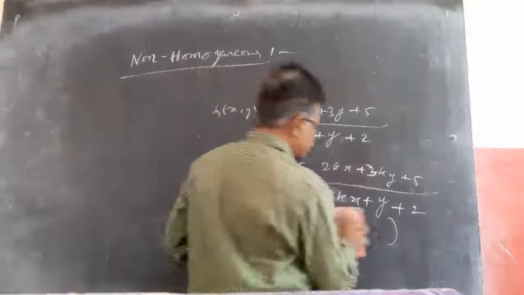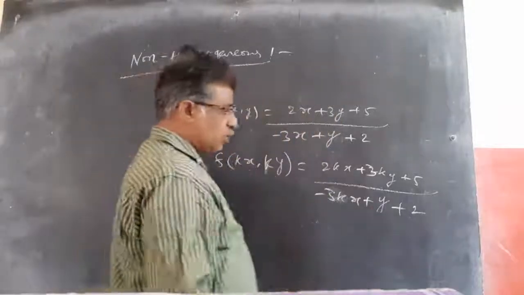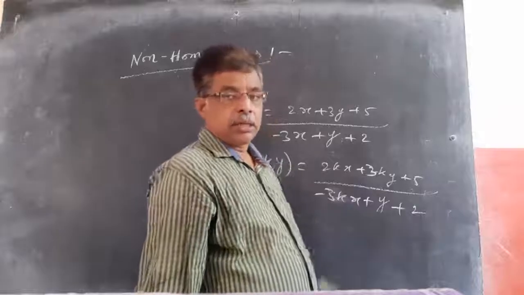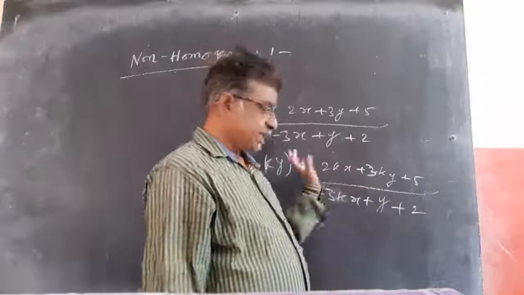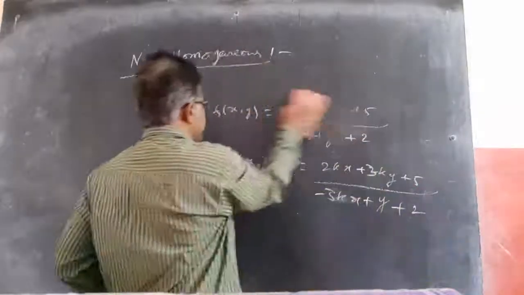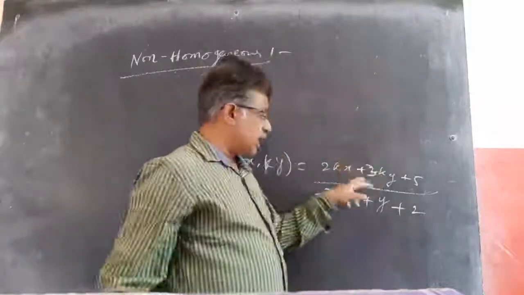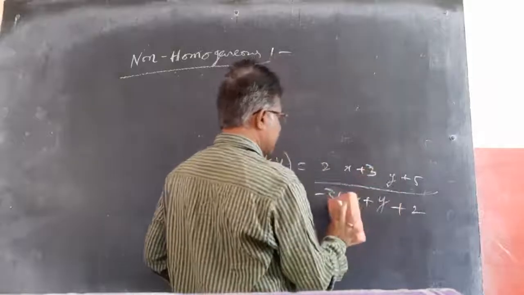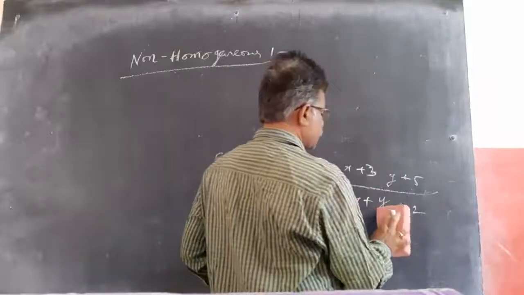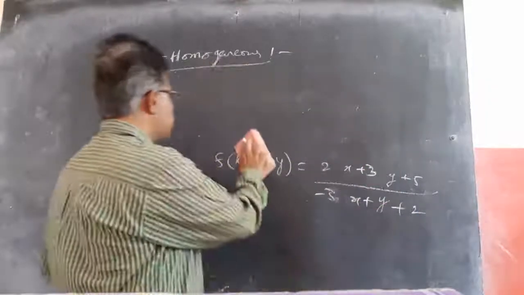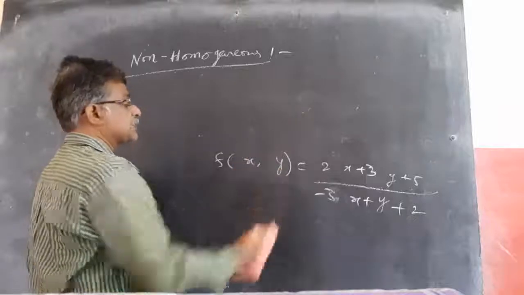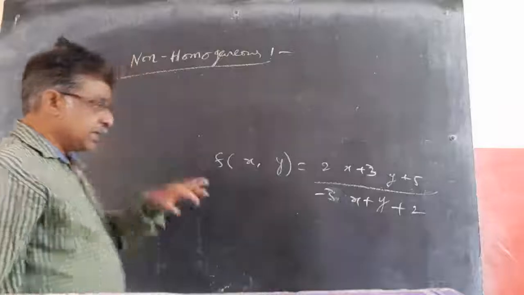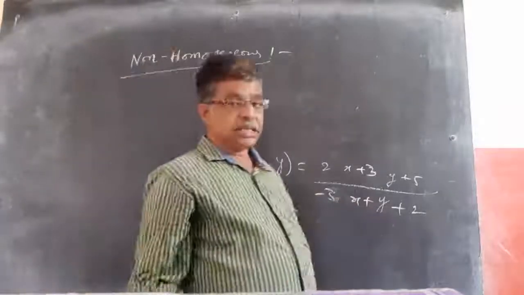For a simple observation, if it is non-homogeneous, there will be some constant extra. You can remember that easily instead of kx, ky and all. All are of first degree, but there is a constant extra. So, if it is f of x comma y equal to this, then it is called a non-homogeneous equation.